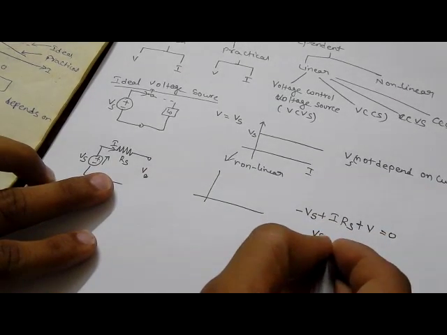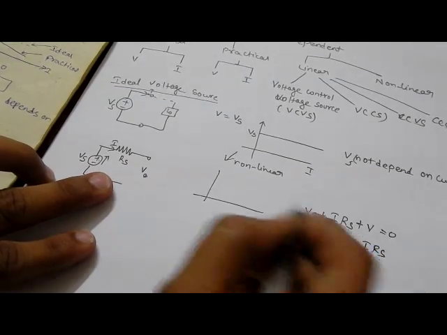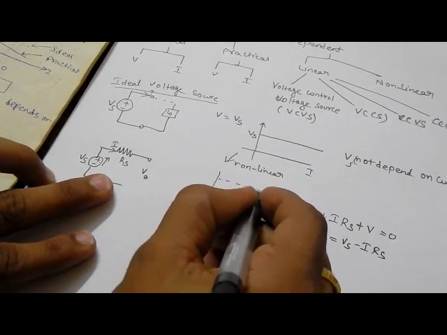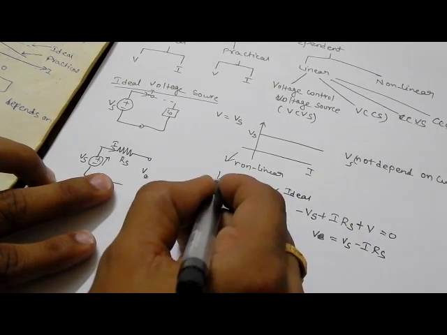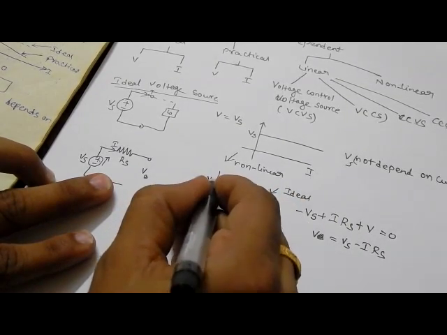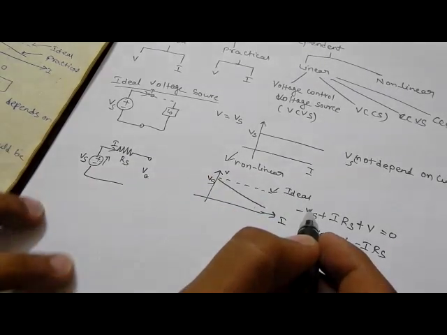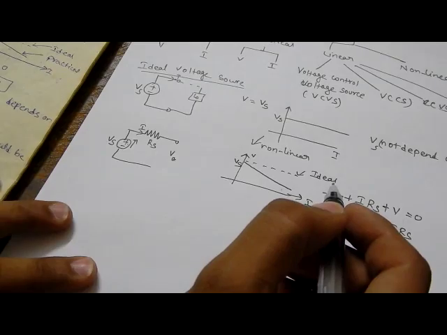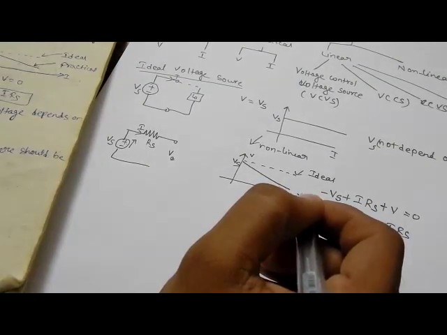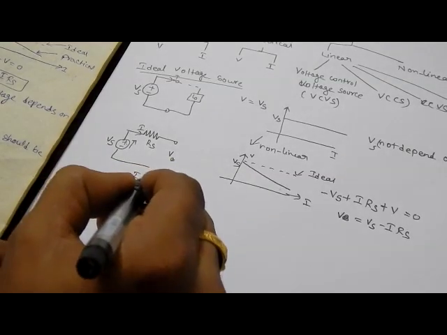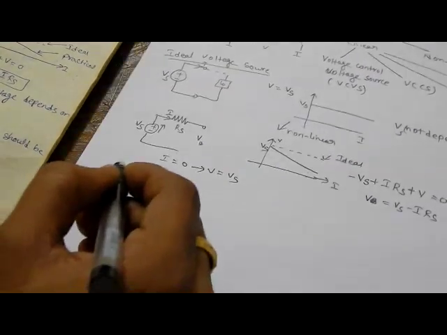So V is equal to Vs minus I Rs. In the ideal case it is a straight line. In the practical case, it will be decreasing. So it is depending on the current now. If current is 0, V is equal to Vs.